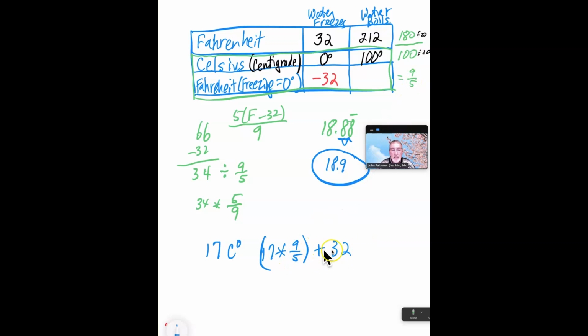So it's kind of like the whole thing is backward. We're adding at the end, whereas we subtracted in the beginning for Fahrenheit to centigrade, and then we divided by 9/5. And here we're going to first multiply by 9/5 and then add 32. So it's kind of tricky because they both don't end on 0, right? Their freezing point is not 0 in both scales. So let's see how that works out.